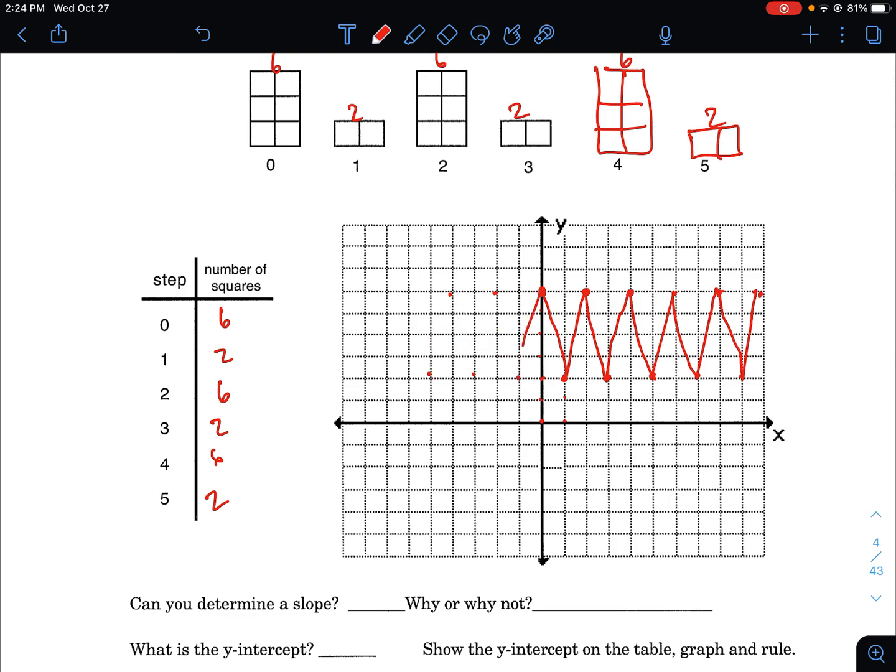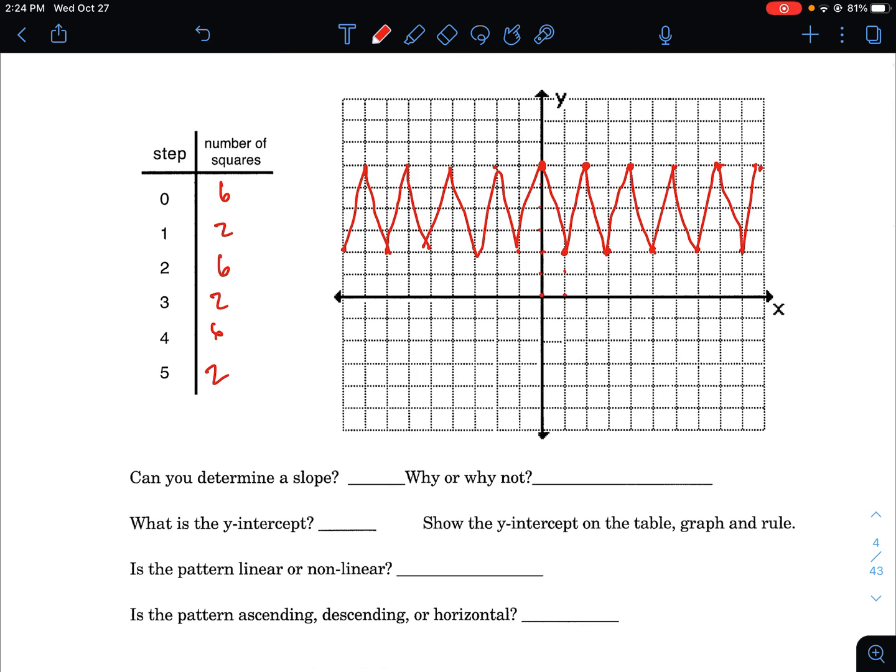Oops, messed that up. Let's try that again, right there, and right there, I think, and then right there, and then right there. All right, so we've got this wacky pattern.